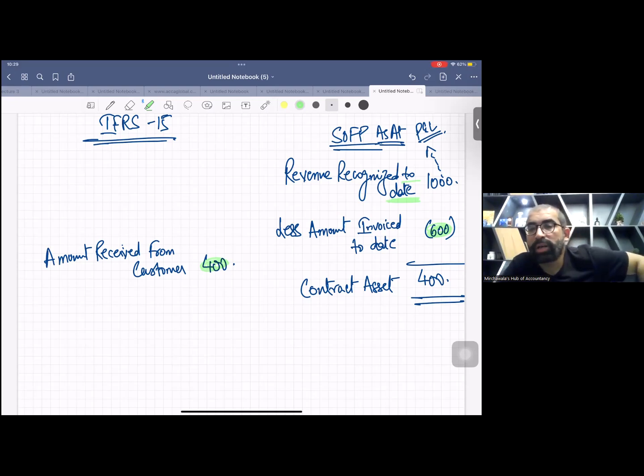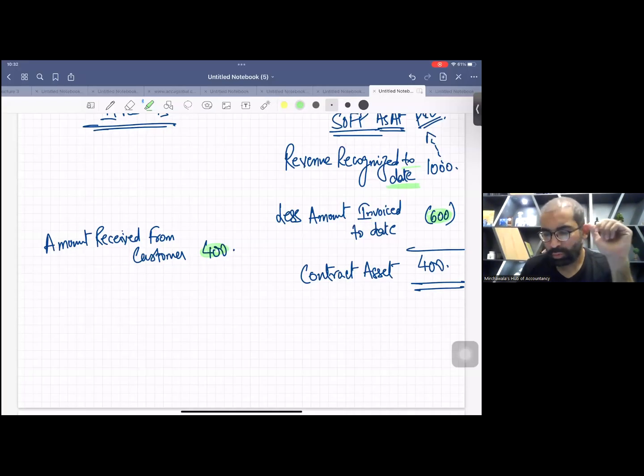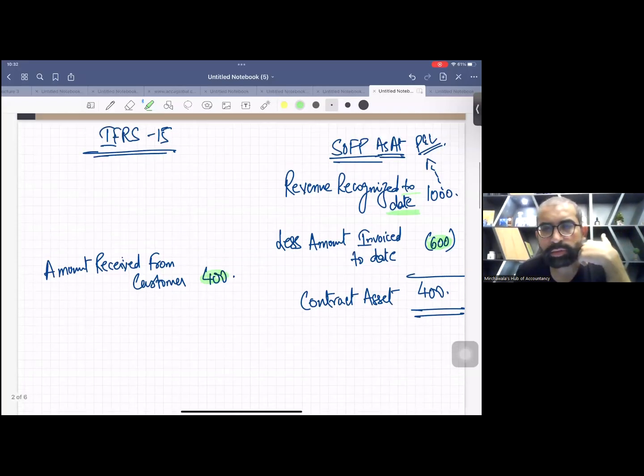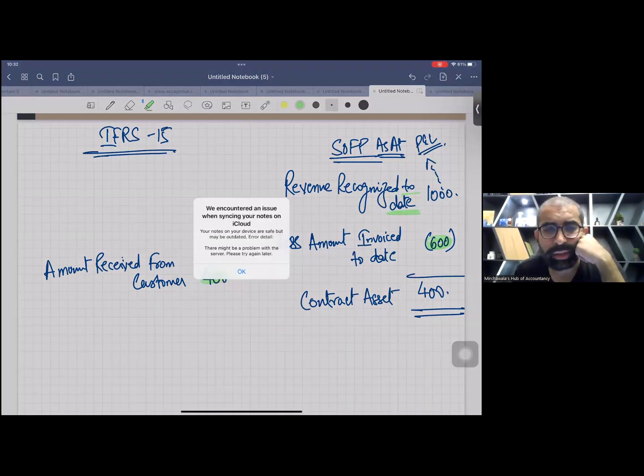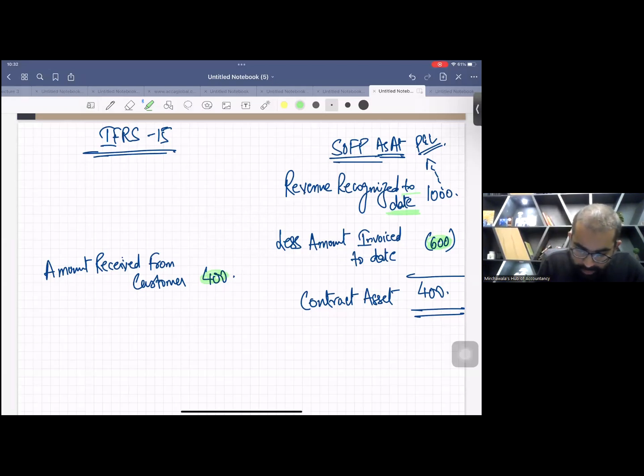So now, first of all, you need to calculate contract asset, and contract asset is calculated using the amount invoiced. And now there is one more thing which we call retention receivable. Look here.